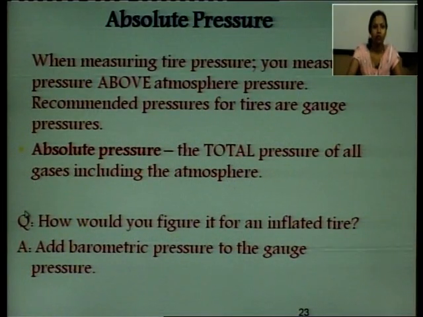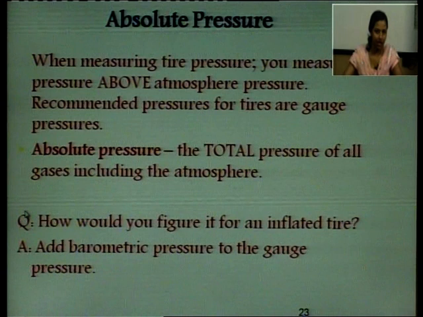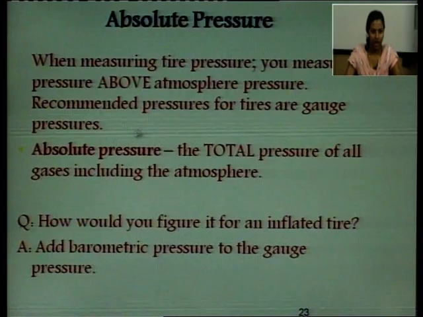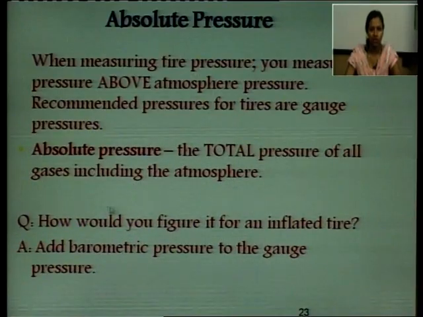When we measure the tire pressure, we measure the pressure above the atmospheric pressure. So the recommended pressure for the tires is the gauge pressure. Absolute pressure is the total pressure of all the gases including the atmosphere.